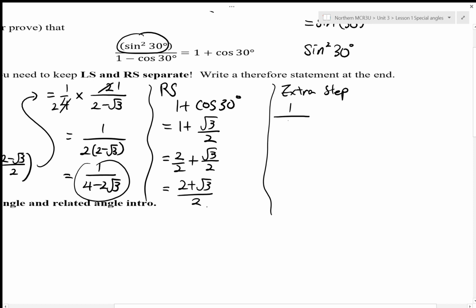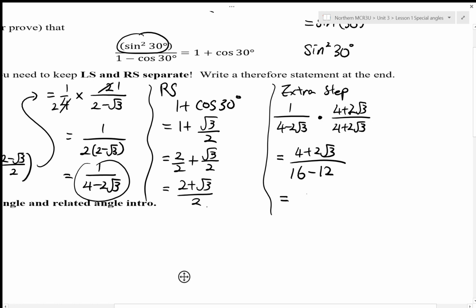So it is 1 over 4 minus 2 square root of 3 times 4 plus 2 square root of 3 over 4 plus 2 square root of 3. So this becomes 4 plus 2 square root of 3 over 16 minus 12. Now this becomes 4 plus 2 square root of 3 over 4. Hopefully you can see that I can divide everything by 2.